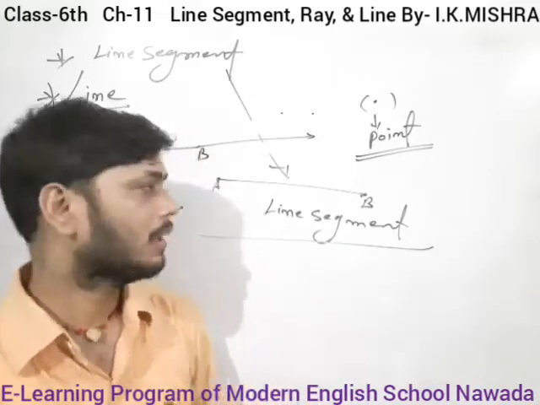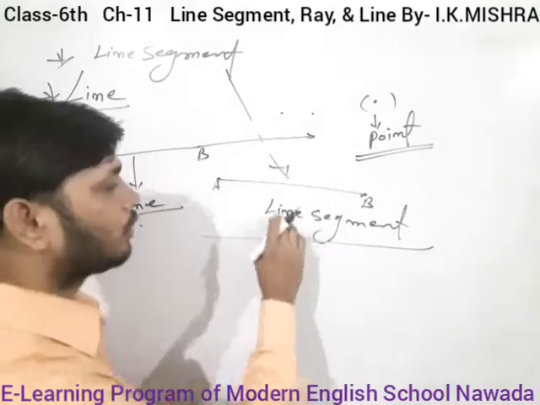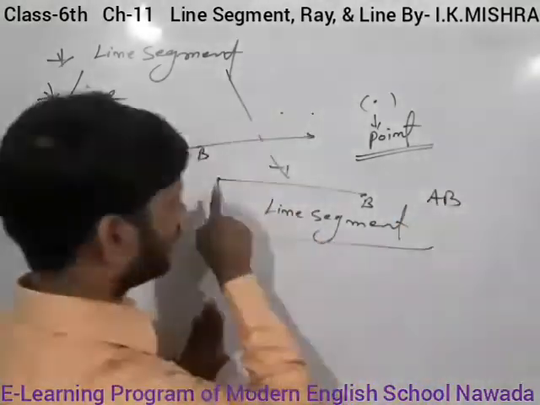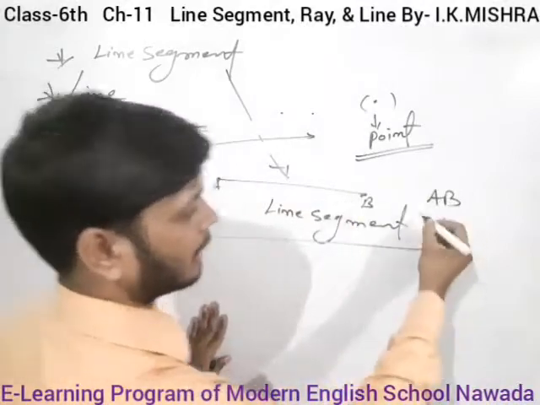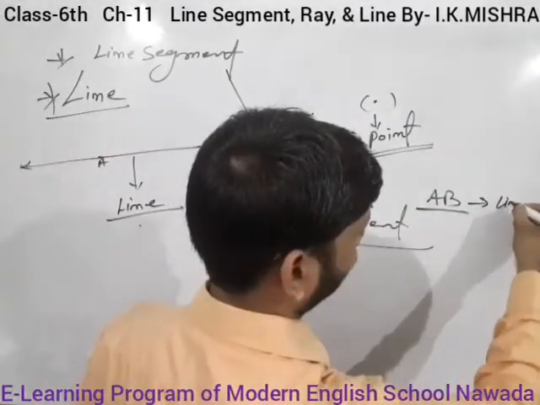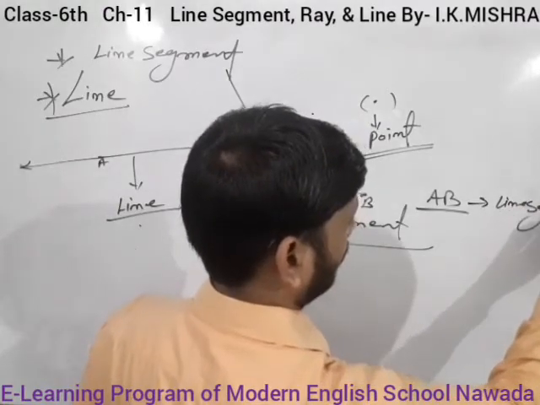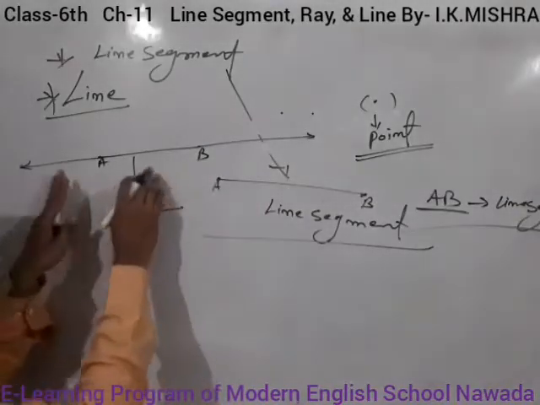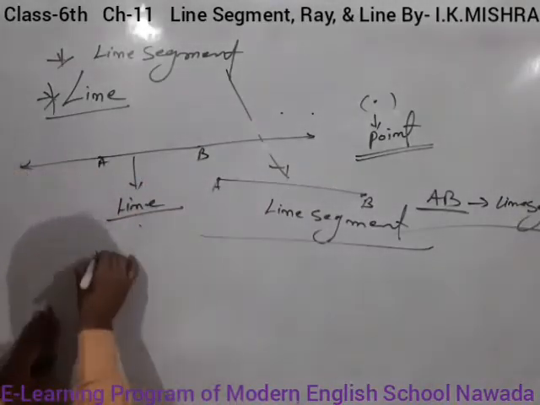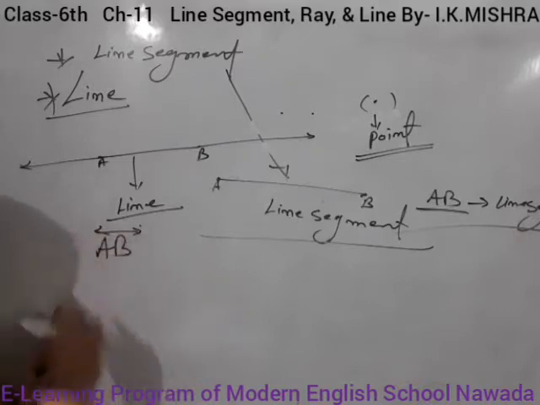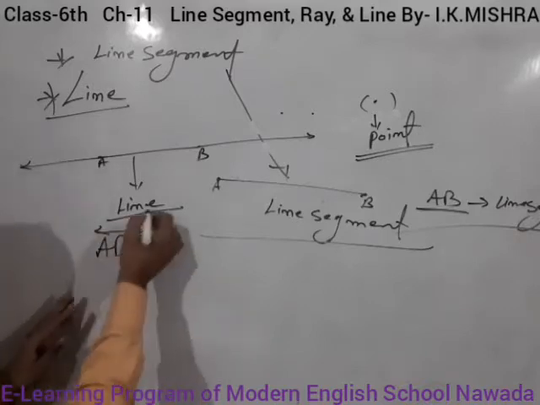Students, here notice line segment is written here AB, its end points denote a line segment. Here AB is a line segment. Its name is AB, but this line segment can be represented as AB with arrows in both directions. This represents a line.